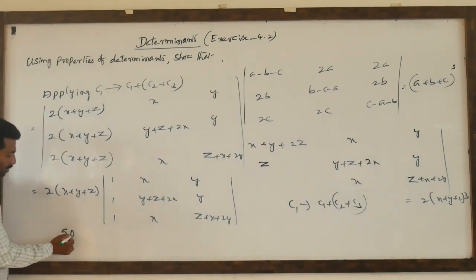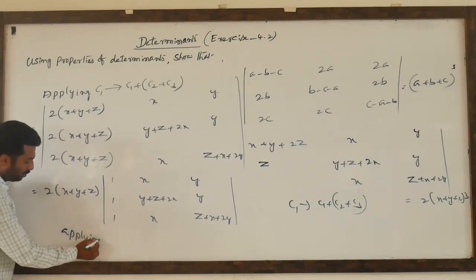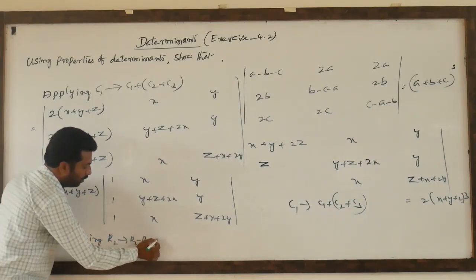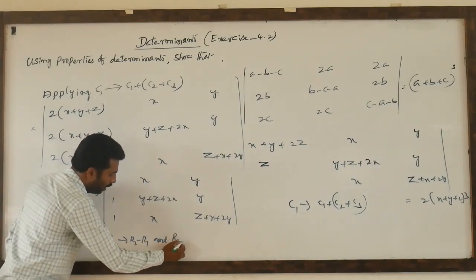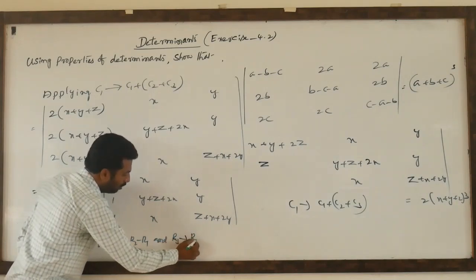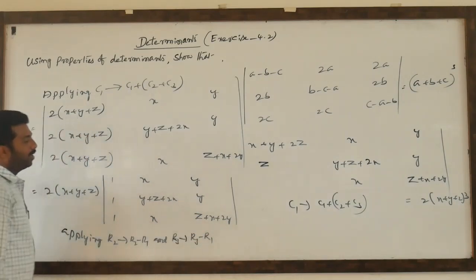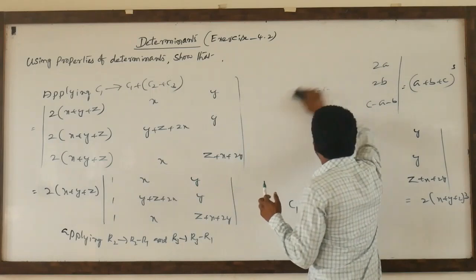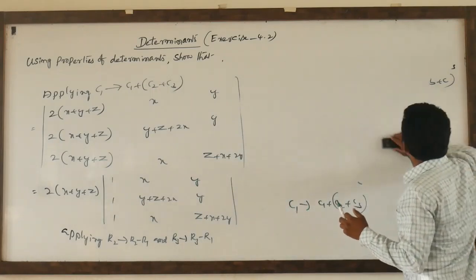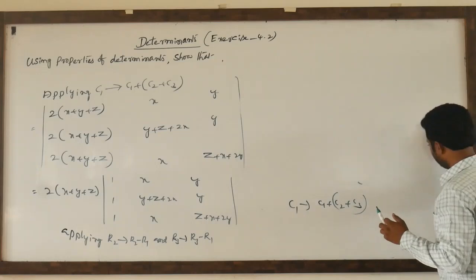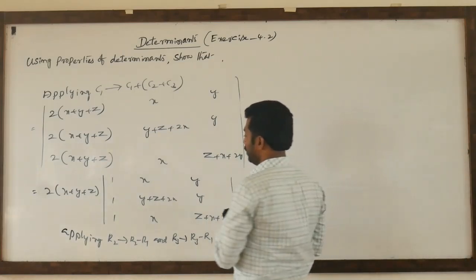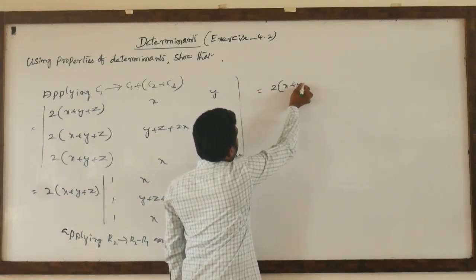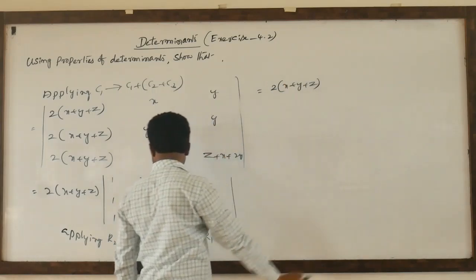See here, applying R2 changes to R2 minus R1 and R3 changes to R3 minus the corresponding R1. So you observe what we get. Two into x plus y plus z.